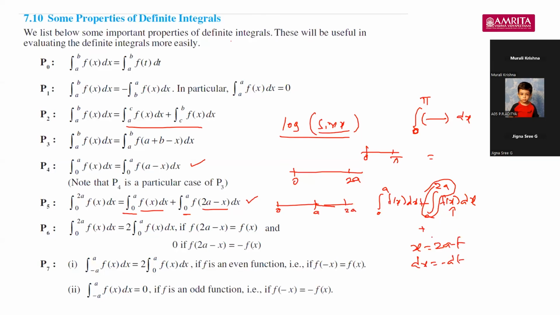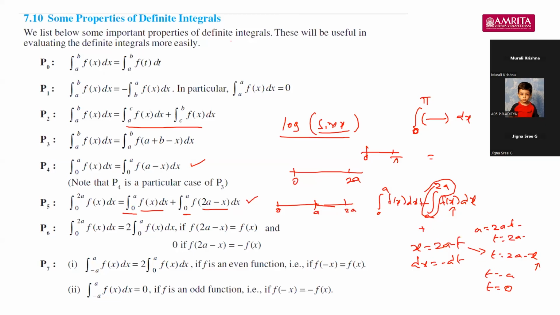You can notice the limits: from x equal to 2a minus t you can write t equal to 2a minus x. When x is a, t equals a. When x is 2a, t equals 0.